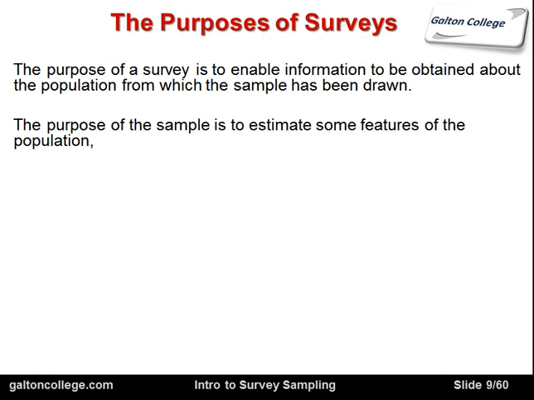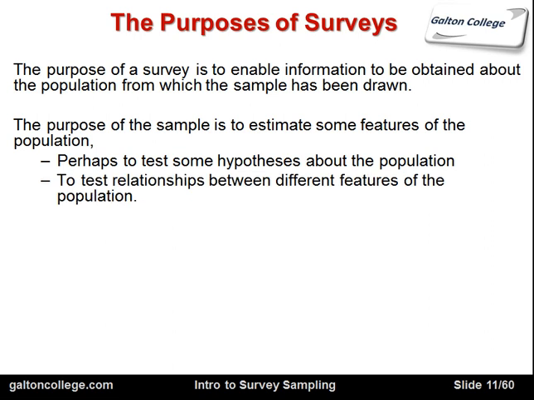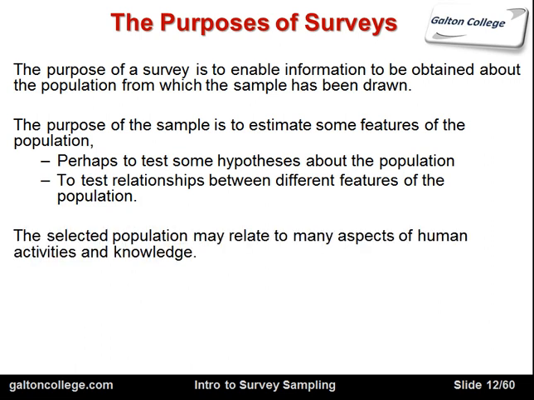Now, the purpose of the sample is to estimate some features of the population, perhaps to test some hypothesis about the population, or it could be to test relationships between different features of the population. The selected population may relate to many aspects of human activity and knowledge.